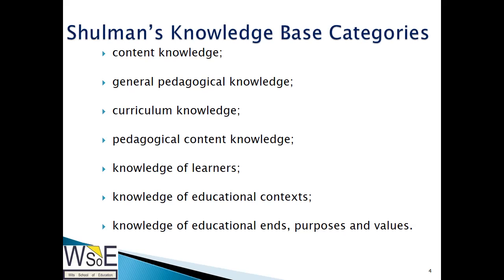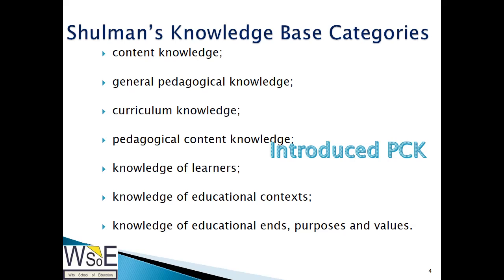So those are the 7 knowledge bases that Shulman felt teachers need to draw on as part of their professional knowledge. And he introduced the term pedagogical content knowledge, which, as I said, he said is unique to teachers.